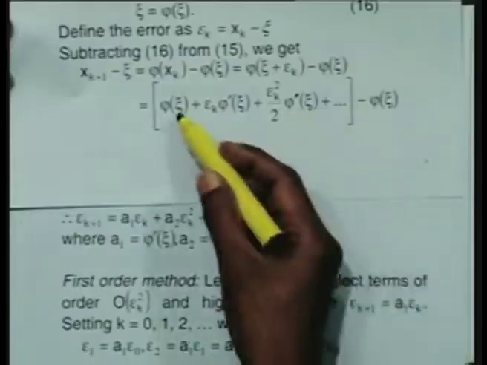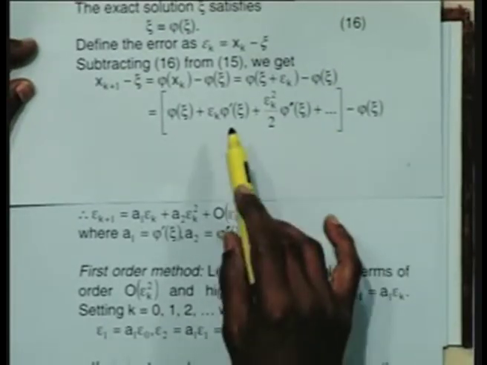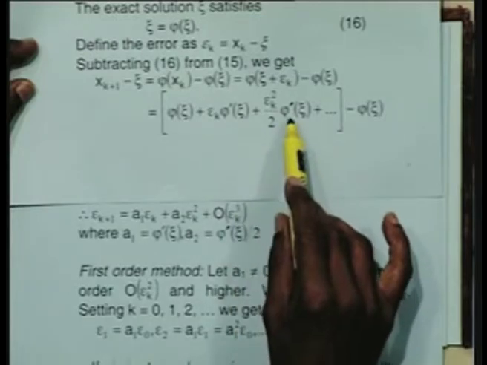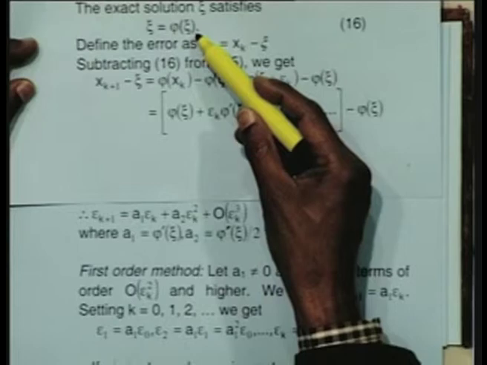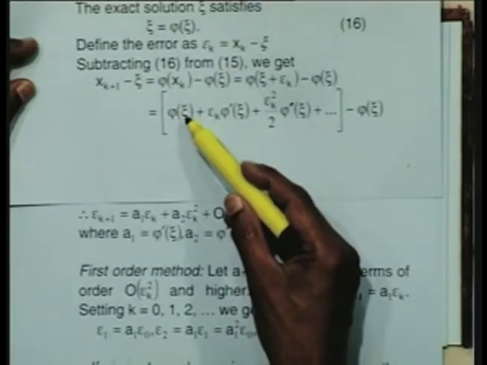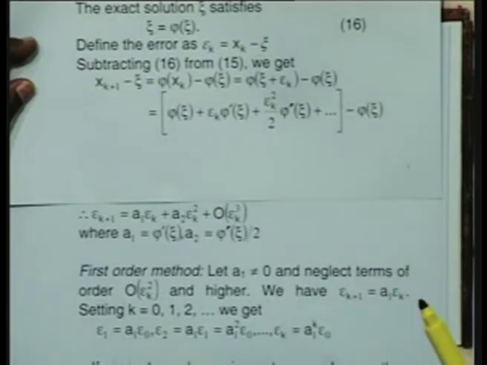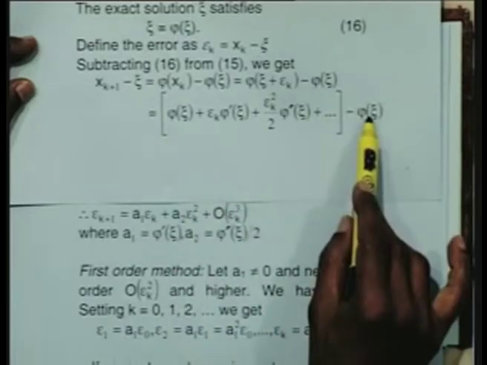Now, phi of xi and phi of xi cancel here, and therefore what is left out is simply this term and this term. Furthermore, xi is equal to phi of xi, the exact solution satisfies this.